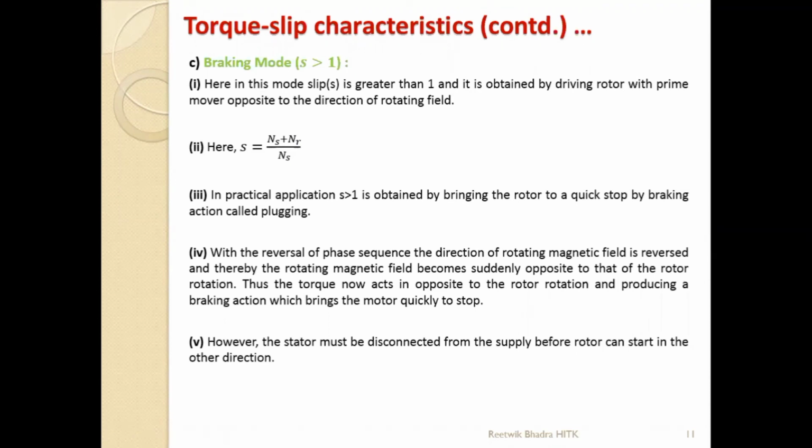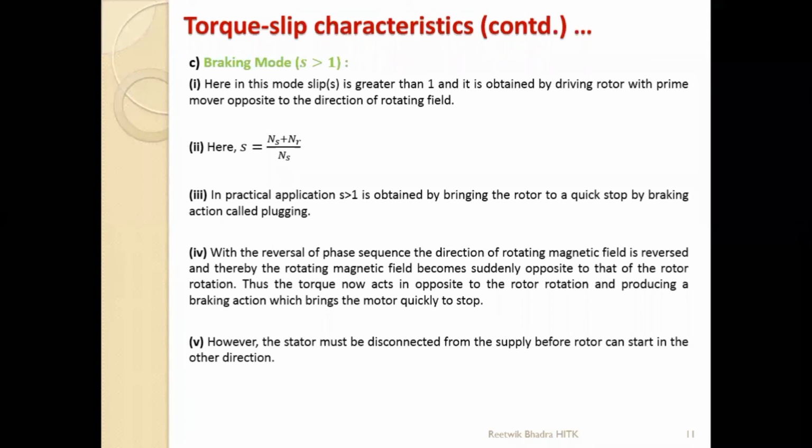Now in plugging, what happens? We change the phase sequence of the supply. In the first class, if you remember, I drew a circle with an arrow rotating clockwise or counterclockwise.